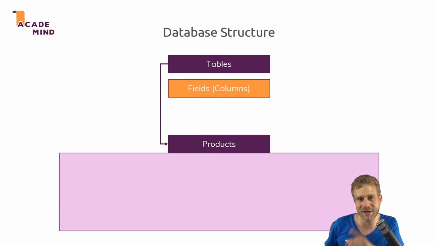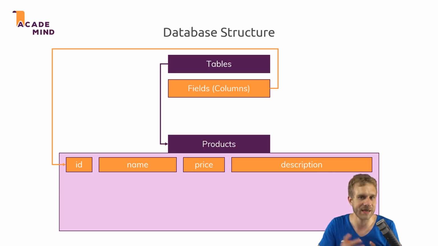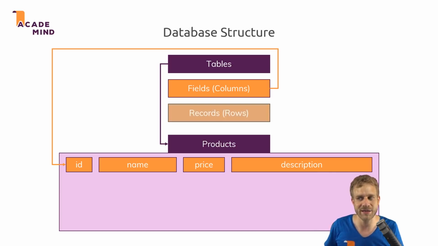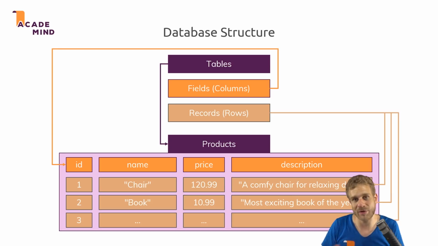So in our products table, we would have, for example, these fields: an ID, a name, a price, and a description. And every new entry we add, every new record as it is called, every new row in our table is a record that has values for these fields. And the important thing is, it can't have more fields than the ones we defined for the table.